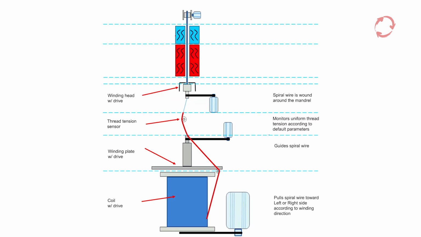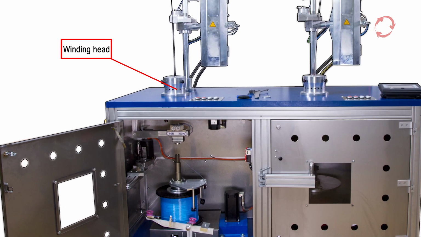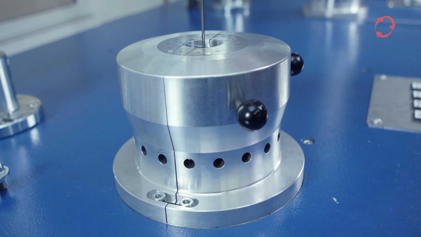The spiral wire enters the winding head from below, where it is wound around a spiral mandrel mounted in an intake. The process speed is set by the drive. Depending on the profile and/or diameter of the spiral wire, rotations of up to 3,200 revolutions per minute are possible with flat monofilament, and up to 5,000 revolutions per minute for round monofilament.